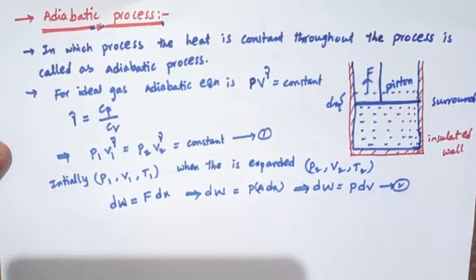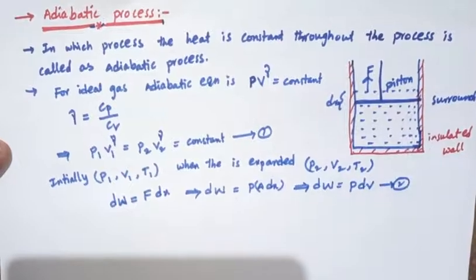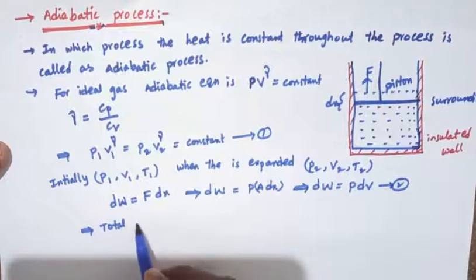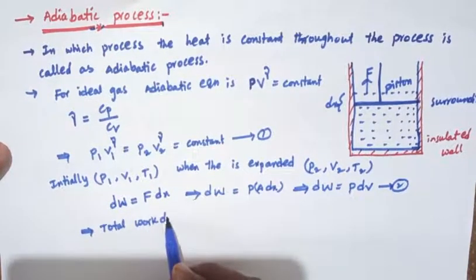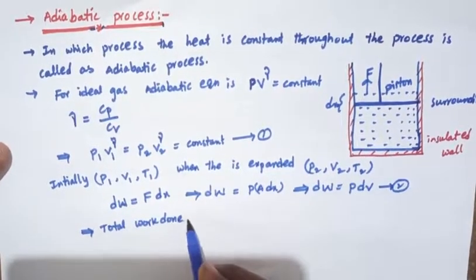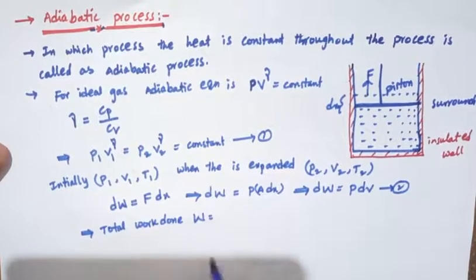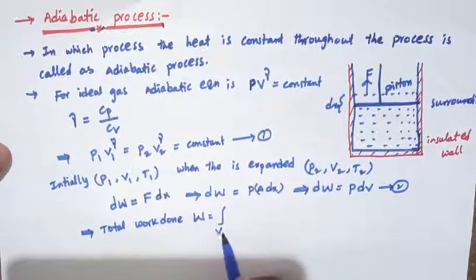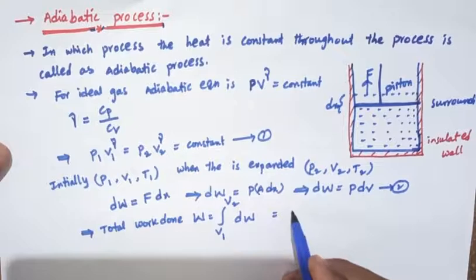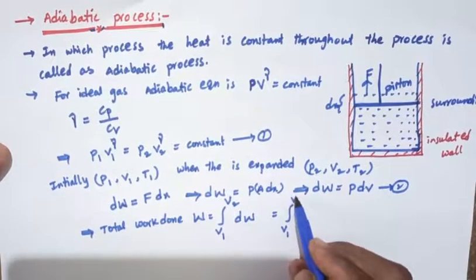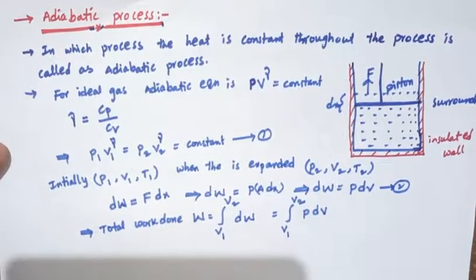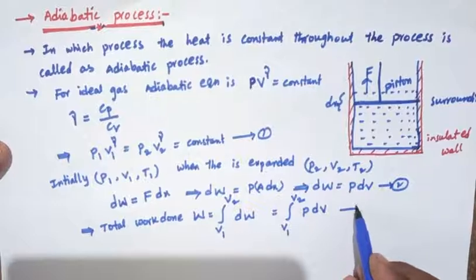This is equation number 2. For the total work done from volume V1 to V2, W equals the integration of dW from V1 to V2, which is the integral of P dV. This is equation number 3.